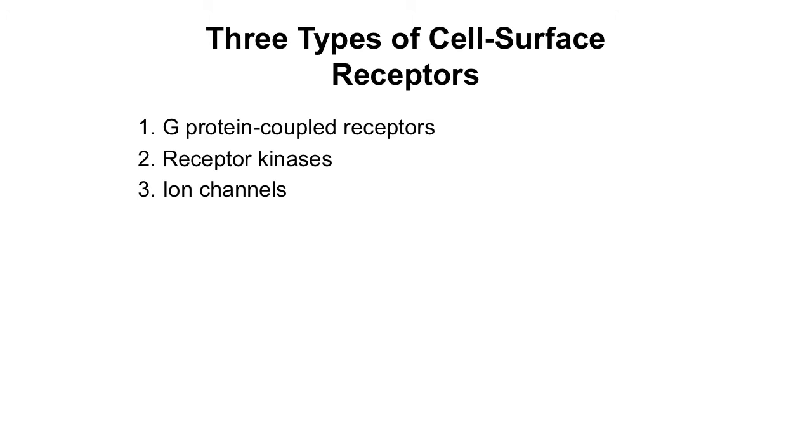So we recognize three basic molecular switches or cell surface receptors in eukaryotic cells. And these are first, G protein coupled receptors, second, receptor kinases, or third, ion channels. We will have a closer look at each one of these in the next slides.